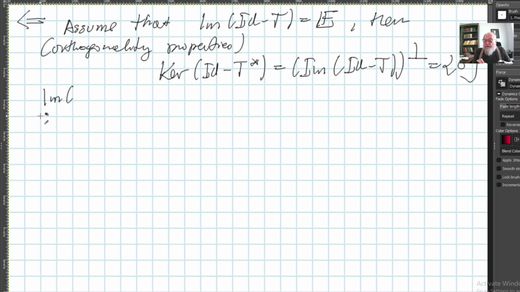But in this case you also have here the image of identity. Okay, so again, maybe let's just simply write it down.